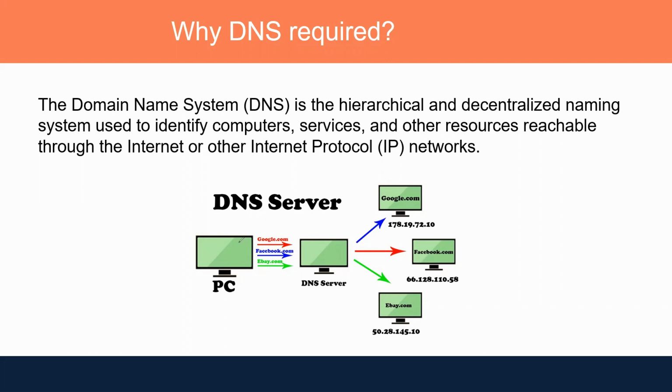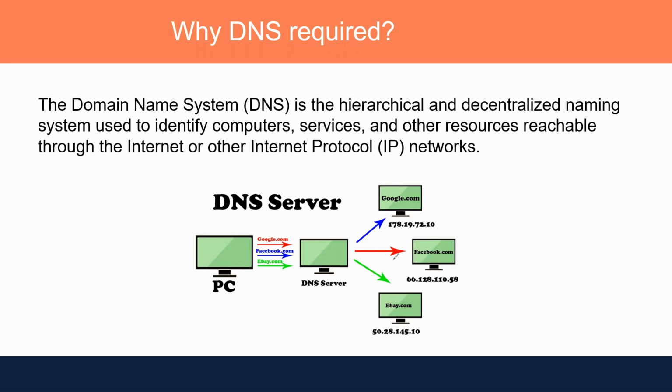So whenever any user is visiting a particular website using the website name, the query first goes to the DNS server so that it can resolve the IP, and once the IP gets resolved, the PC directly approaches the IP and is able to access the particular website or URL. That's what DNS does basically.